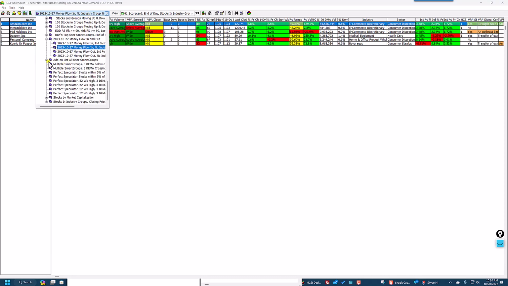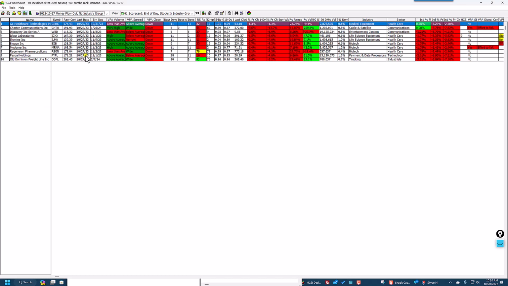Now let's just go the other direction and money flow out with no industry group, and you can see that these stocks using the Nasdaq 100 filters, there's more flowing out than in on the Nasdaq 100.